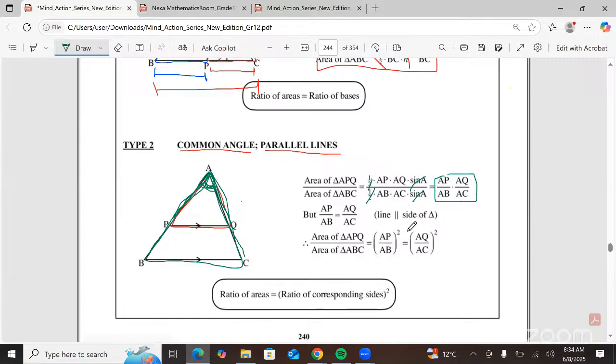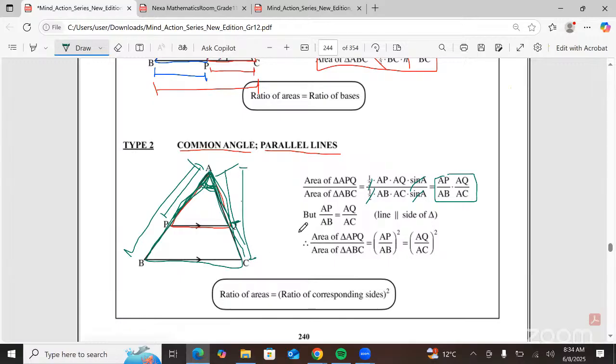Now, we can see that if PQ and BC are parallel in this triangle, the proportionality theorem applies. Now you can say AP over AB will be equal to the ratio AQ over AC.